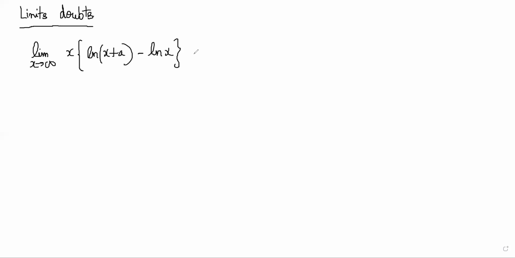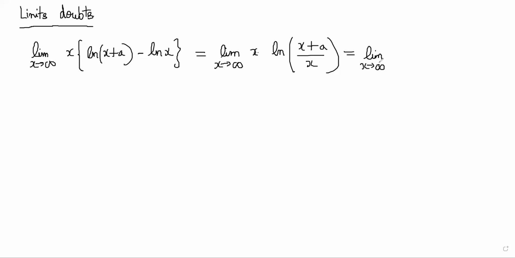Okay. So right now x tends to infinity is there. So why not write it like this? Limit x tends to infinity x ln of 1 plus a by x, right? So limit x tends to infinity ln of (1 plus a by x) power x, right?